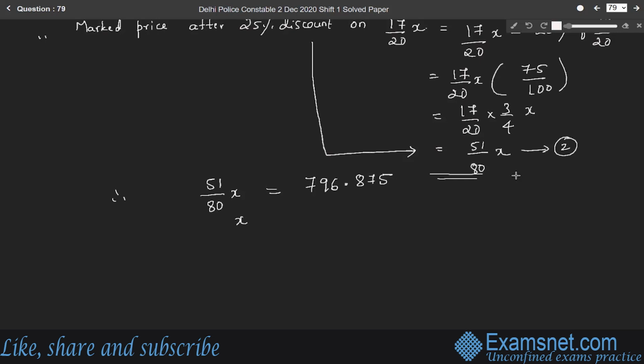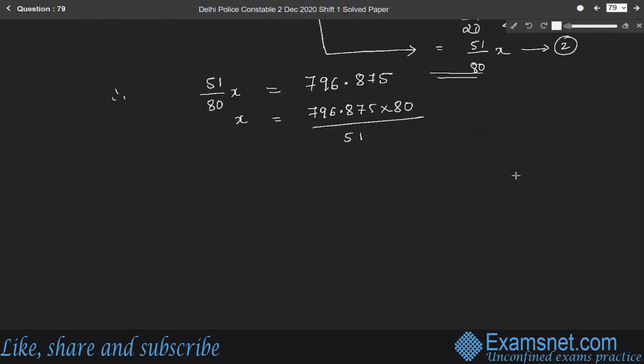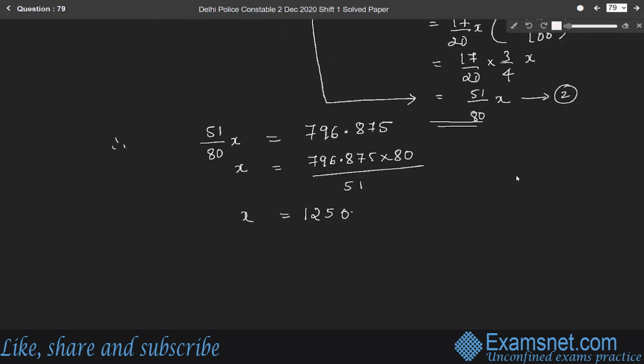So simplify it, x is equal to 796.875 into 80 by 51, right? So we will get x as 1250.